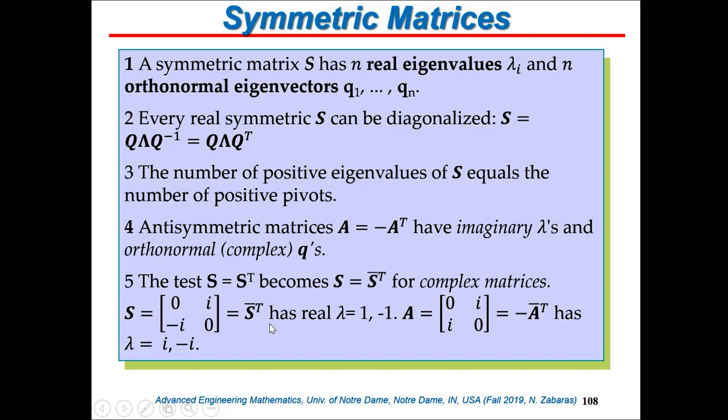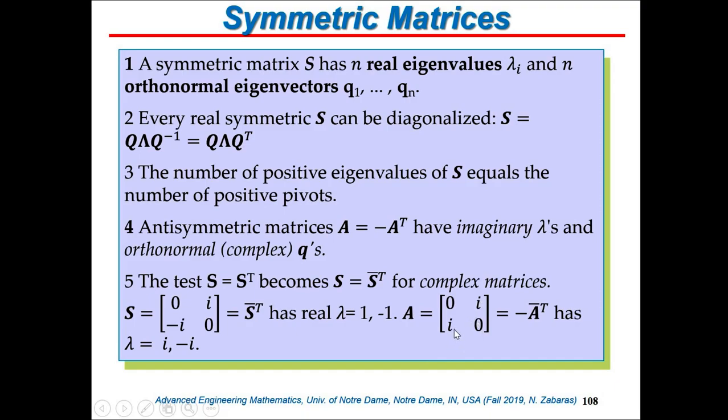So this particular matrix has eigenvalues 1 and -1. And this other matrix that you see here is anti-symmetric and has complex numbers, right?